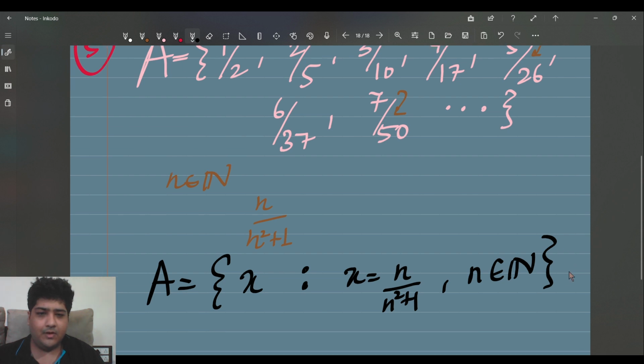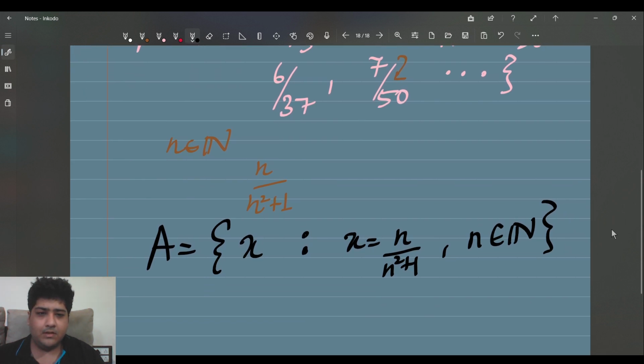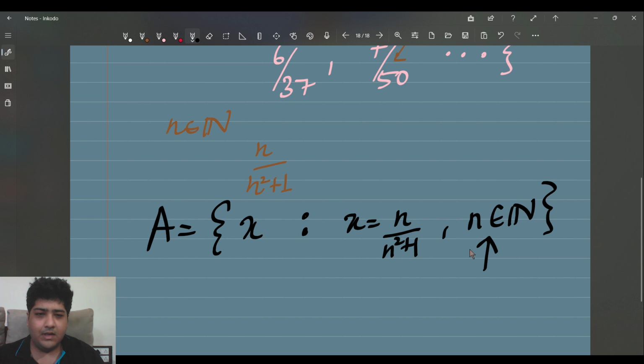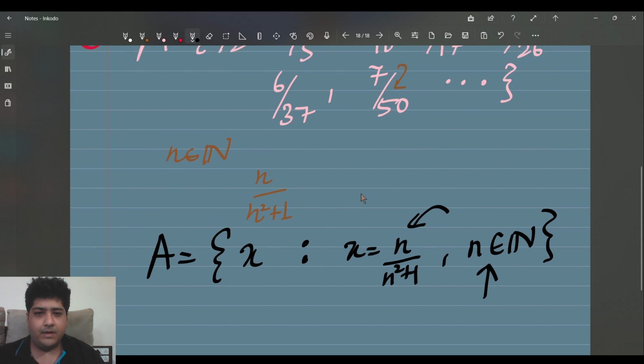So that's the form. Does this work? Take one natural number here, substitute it here, and you list the x then. So this is my set builder form now.